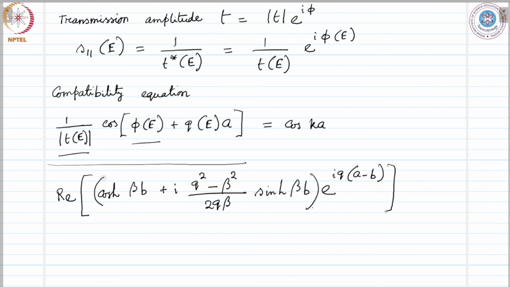The real part of this quantity has to be equal to cosine of k a.